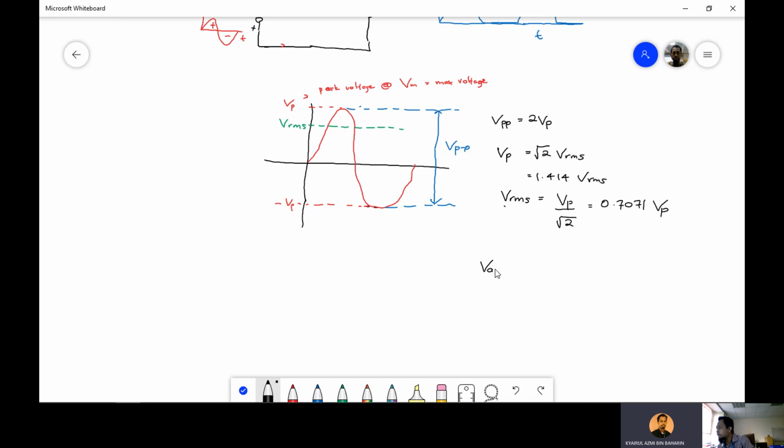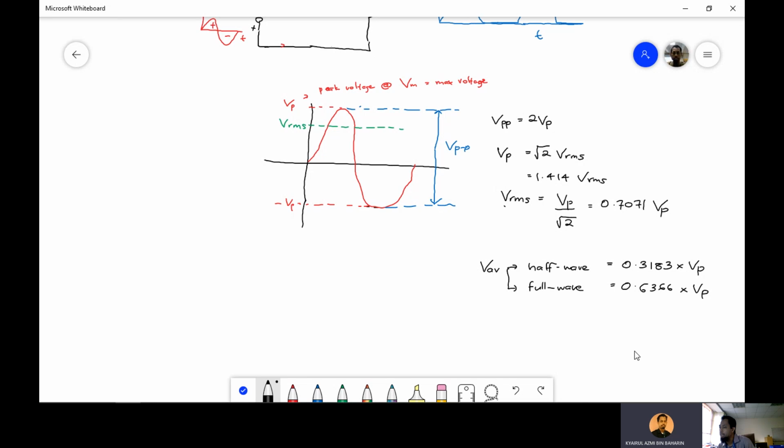For V average, for half wave, the value is going to be 0.3183 multiplied by V peak. And for full wave, it's going to be 0.6366 multiplied by V peak.